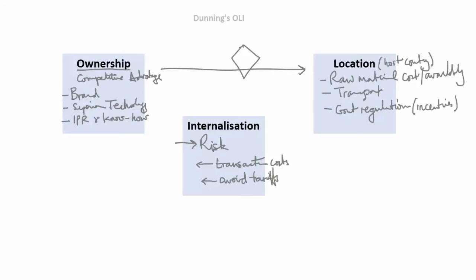This can't happen if we're doing business from outside. One of the examples of that is the car companies who came to the UK in order to use the UK as a launch pad into Europe. And finally, if we let go of our product and services and license it, then we lose control. And control over operations may be particularly important when it relates to intellectual property rights or other superior technology.